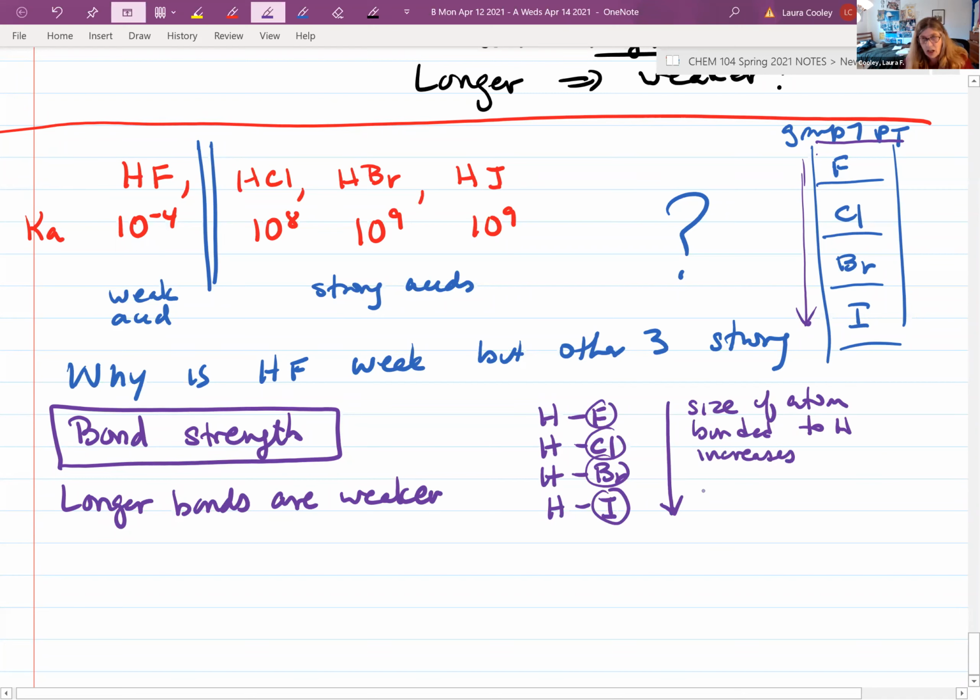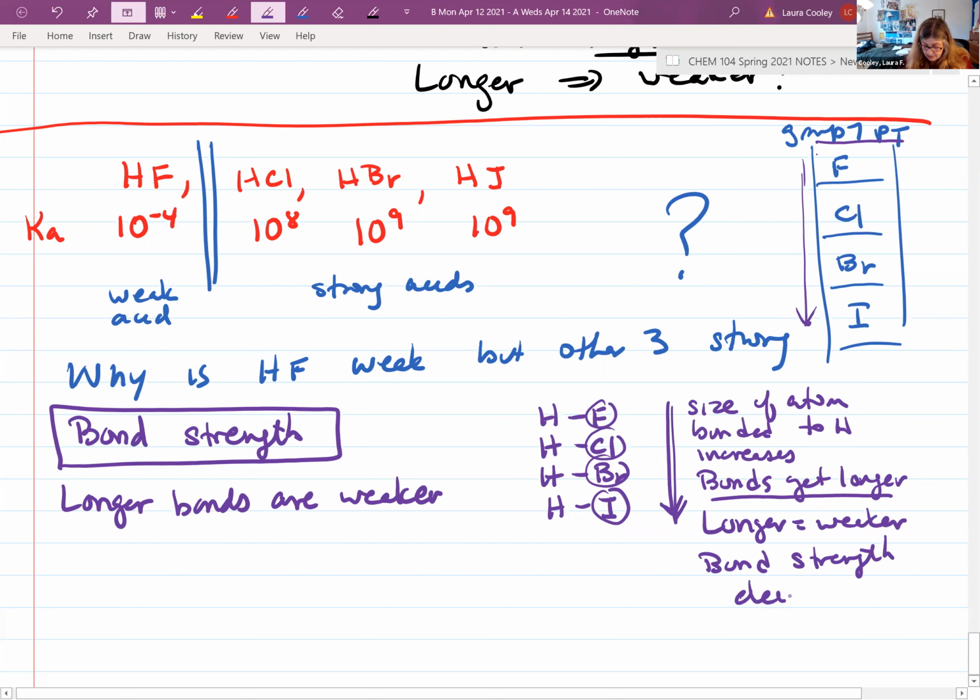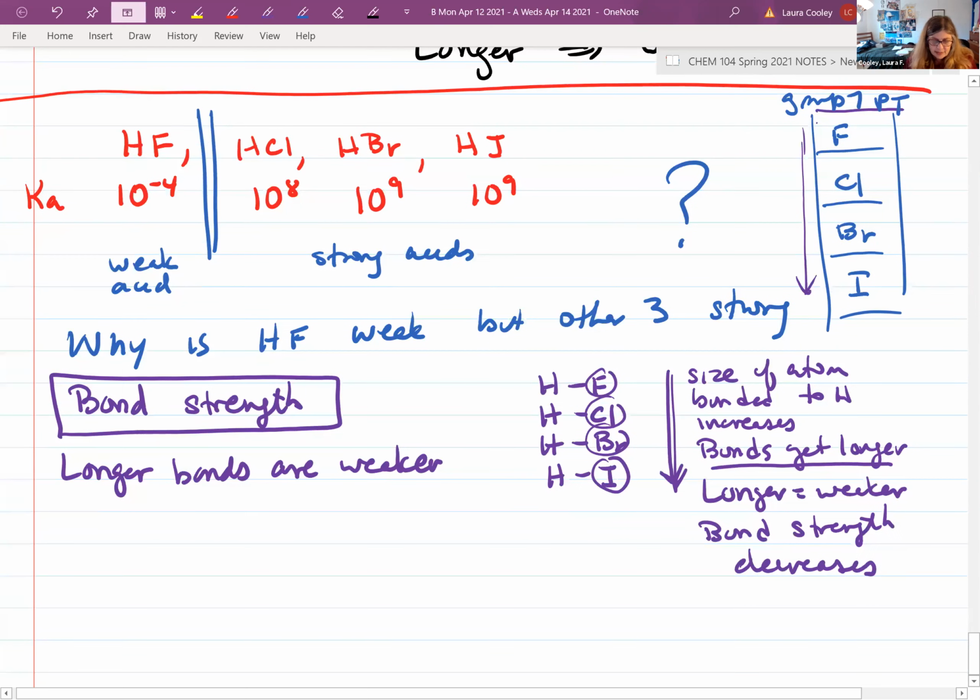And that makes the bonds longer. So the bonds get longer as you go down this series of atoms on the periodic table. What happens when bonds get longer? Longer bonds are weaker bonds. So bond strength decreases. Oh, well, that's nice. That makes sense, right? That would make sense that the bonds are weaker as you go down here.